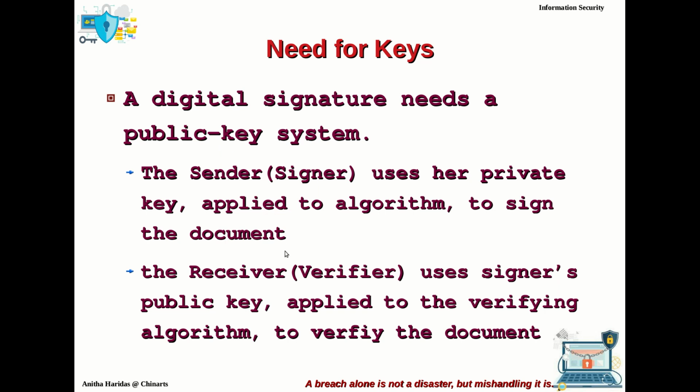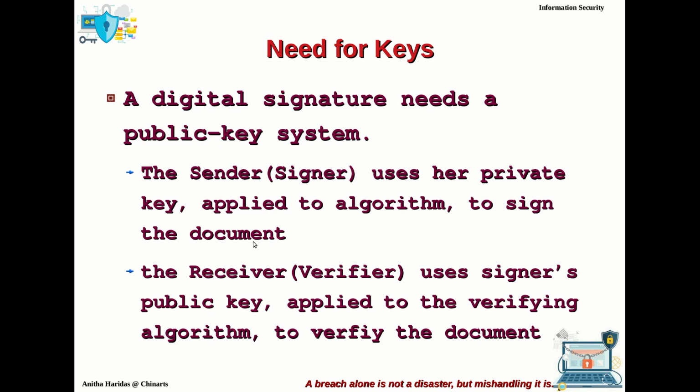We had already seen that the sender uses her private key. In our public key crypto system, if it is for authentication, and obviously digital signature is used for authentication, then we use the private key for signing the document.